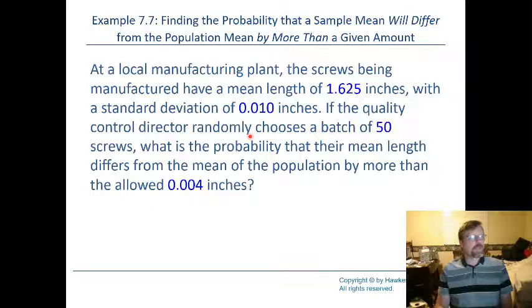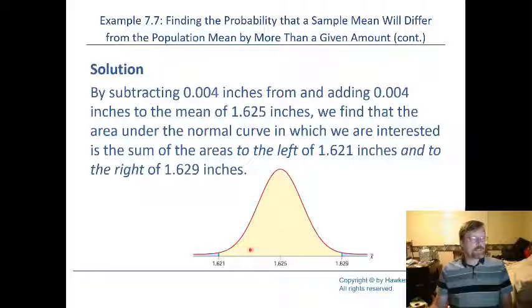Okay, so let's look at this. If we subtract and add the 0.004 from the 1.625, we get 1.621 and 1.629 as our lower and upper limits here. And we are interested in the area off to either side of those.